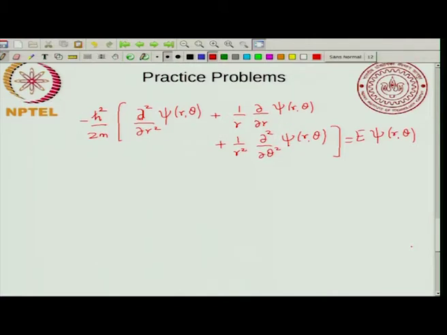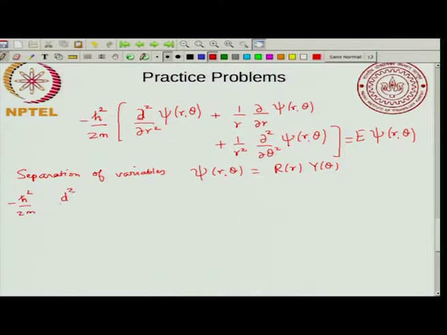And now suppose you do a separation of variables. So, what you will say is psi of r theta is equal to, I will say R of r times, I will just say Y of theta. Okay. Now, when I substitute in this, what I will get is minus h cross square by 2 m.